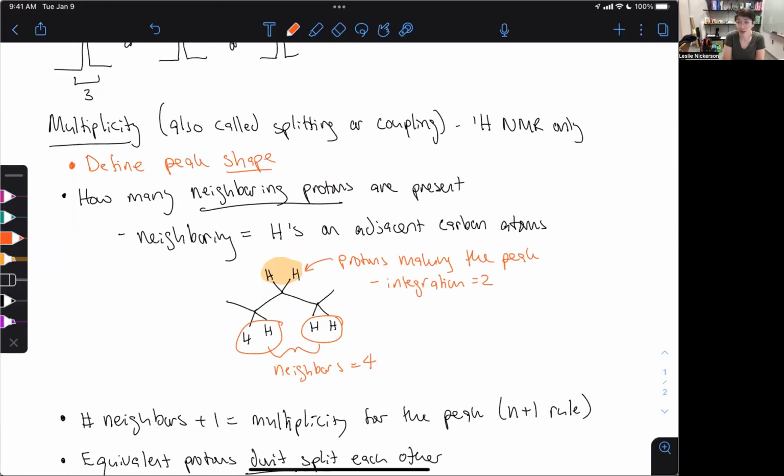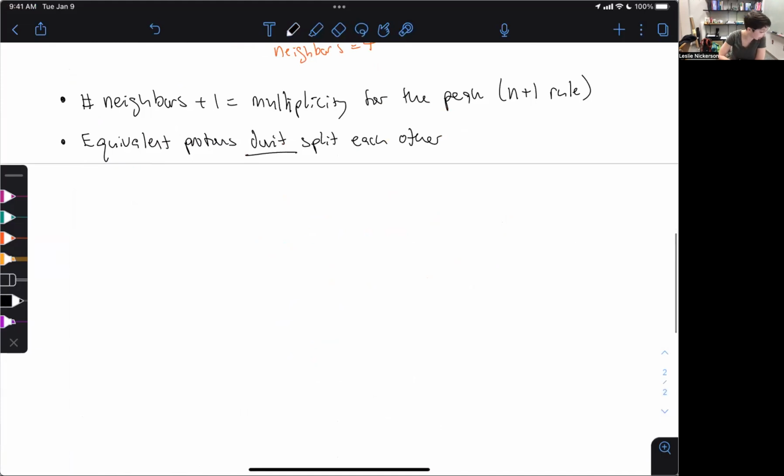Integration is like the peak size, right? The area, but the multiplicity is going to be the shape of the peak. So it's something that you visually determine. It's not a number that's written down for you. Okay, so let's look at a few examples.